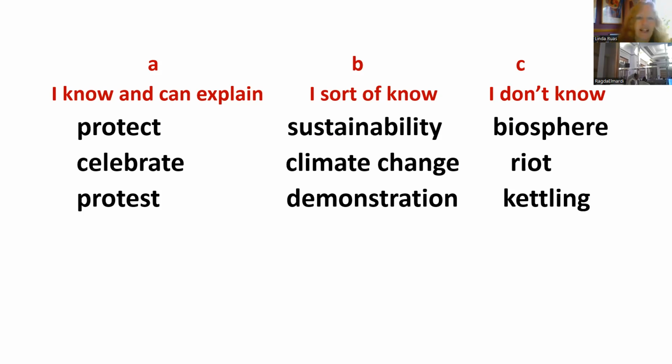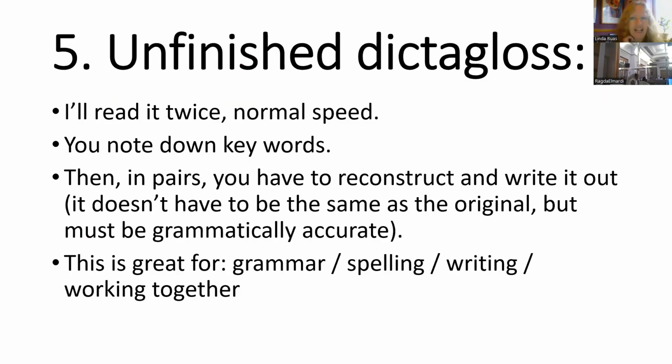Next one. Next one is an unfinished dictogloss. Okay, so a dictogloss is a variation on dictation where you're speaking normal speed, not slowly. And this one is unfinished, so you need to finish my dictation in pairs together.